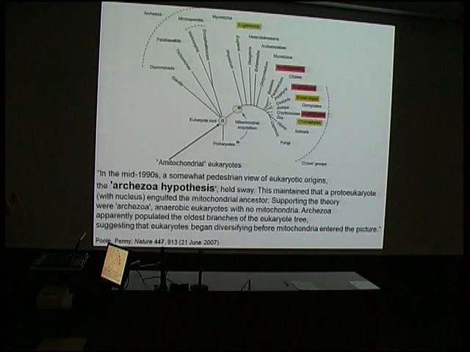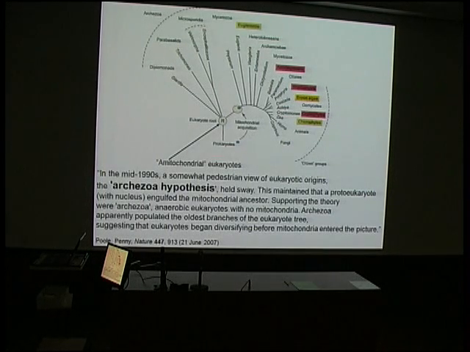So, the evolution of eukaryotes. Some 20 years ago, 15 years ago, even 10 years ago, apparently the prevailing view of the evolution of eukaryotes could be formulated in terms of the so-called archezoa hypothesis, which is a very logical scenario of evolution.